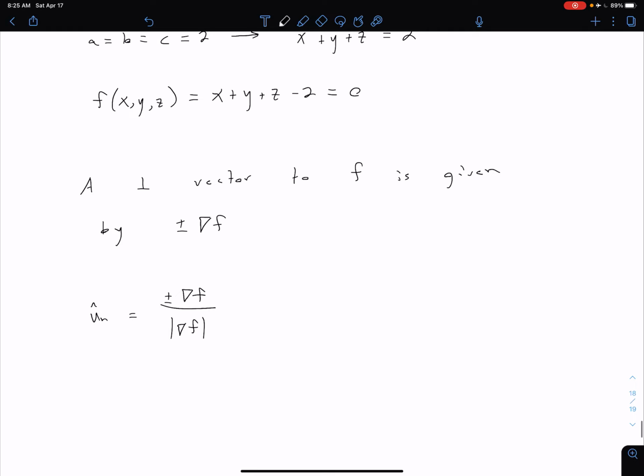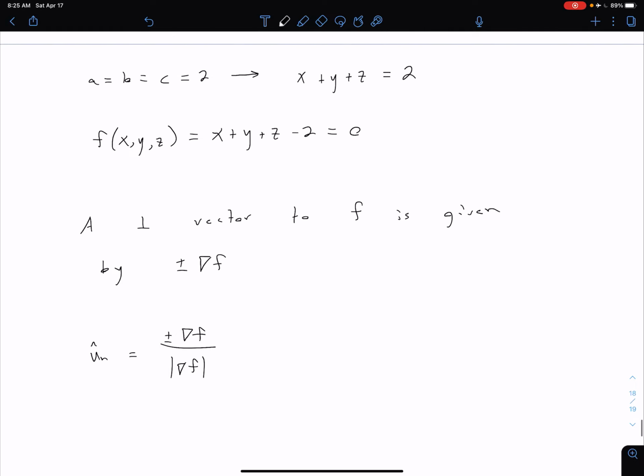And so in this particular case, in Cartesian coordinates, our gradient is just going to be the derivative, we're just taking the derivative of each of those components. And because we just have x, y, and z, we're just going to end up with 1 in our x direction. So this is going to be plus or minus 1 in our x direction plus 1 in our y direction plus 1 in our z direction.